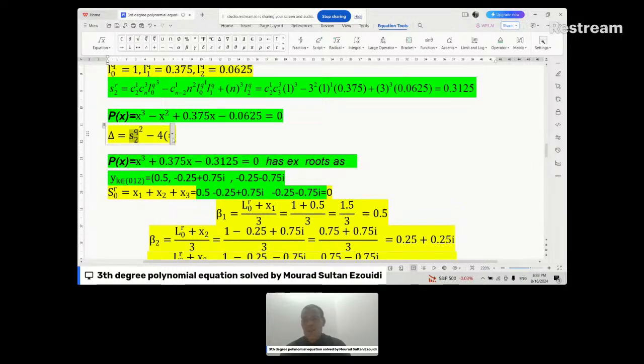This is the method. Then I will show you from where we derive this formula.